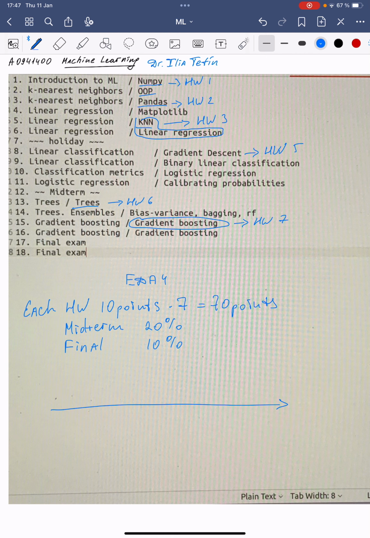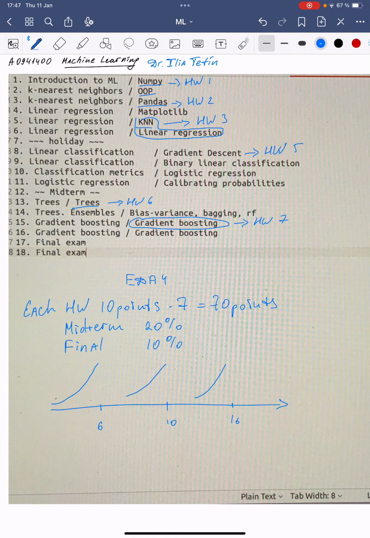The main course load will be growing up to week 6, then growing again at about week 10, and week 16, just like that.